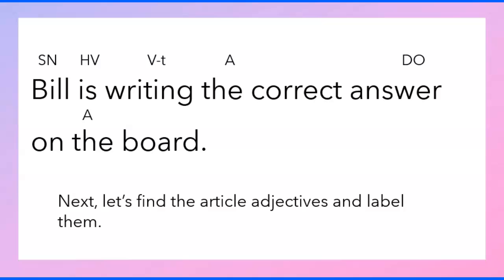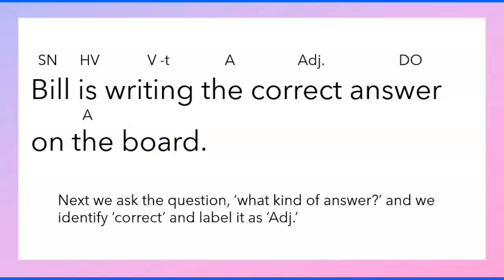But then we want to put article adjective, and so we knock those words out. Then we want to ask the question, what kind of answer? And that would be, hopefully you said correct. So that's going to be a regular old adjective. It's describing what kind of answer.